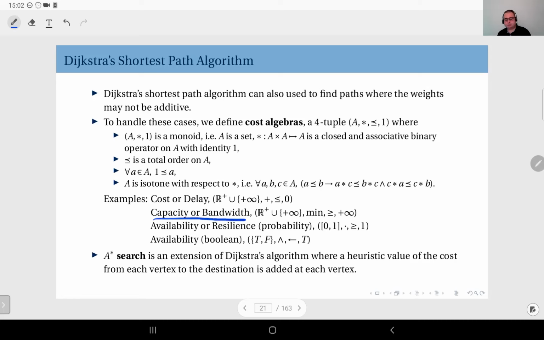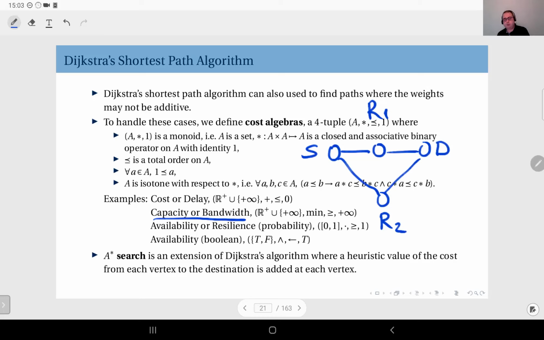Or consider this scenario where in a communication network, for instance, you would like to travel the path that has the best bandwidth or the best capacity. Suppose that you have two alternative paths from your source to destination. Let's say this is relay 1 and this is relay 2. And you have the links in this graph.